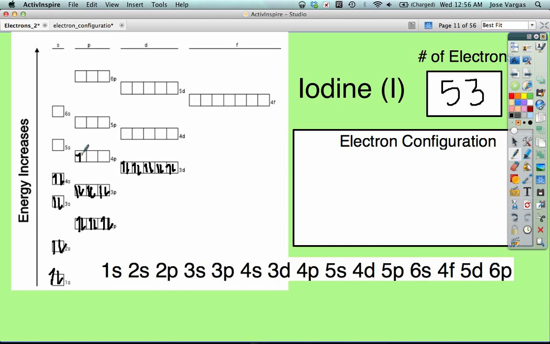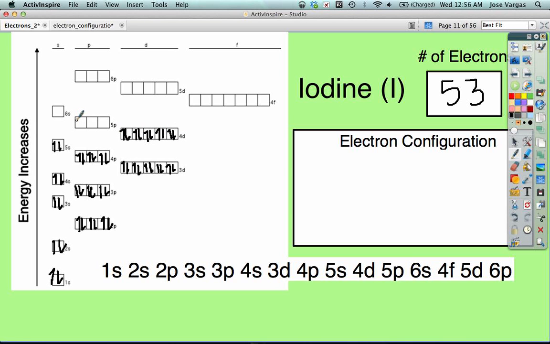P can hold a maximum of 6 electrons. S can always hold a maximum of 2. And then D again. D can hold a maximum of 10 electrons. Look at how we always place them into separate rooms first, and then we're still filling them out before we go to the next level.